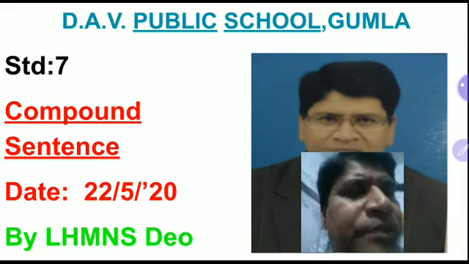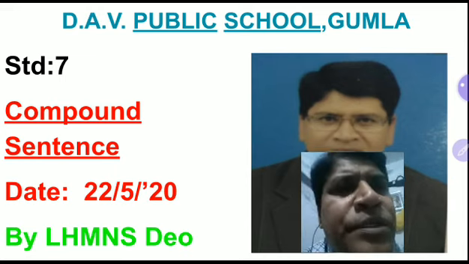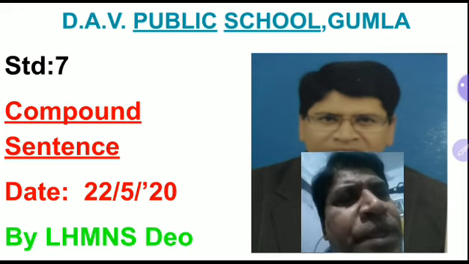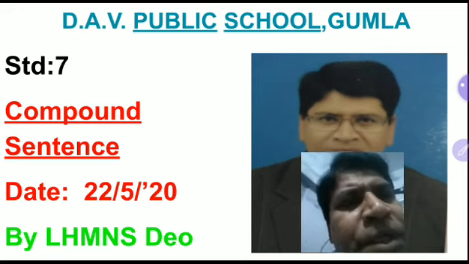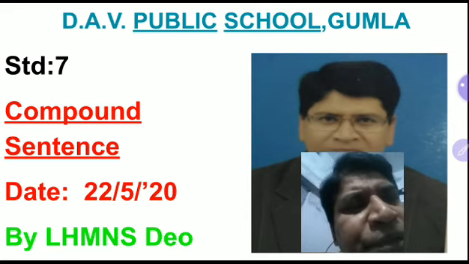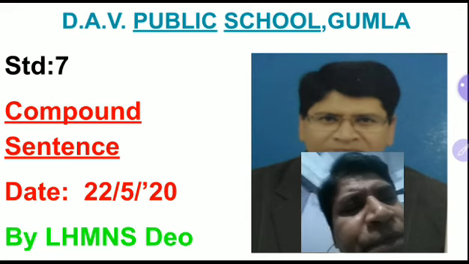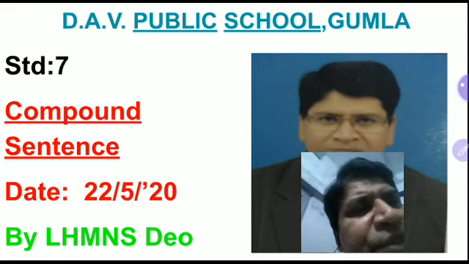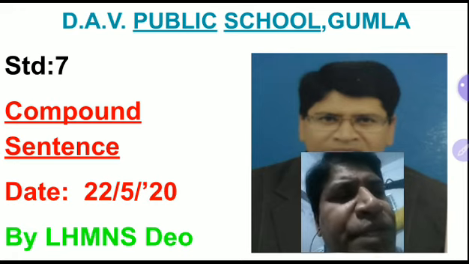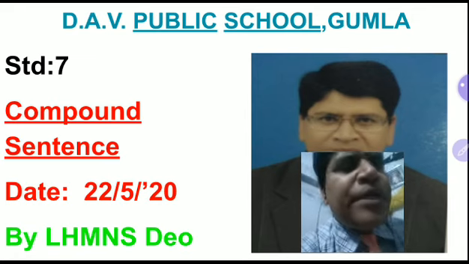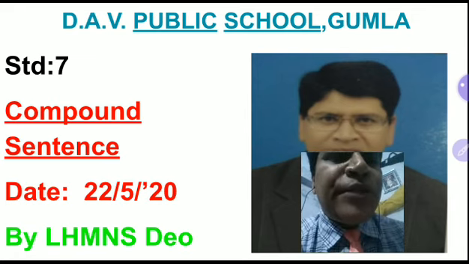They join two clauses of equal importance, and then, as the fourth component of compound sentence, after being combined by the help of these coordinating conjunctions, these two sentences mix together and form a bigger and larger sentence.